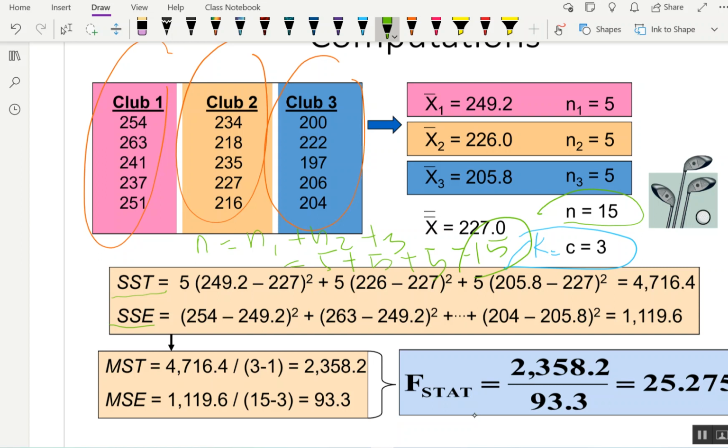You take each of these observations, 254 minus with what? Minus with the sample mean of treatment 1, club 1, 249.2, squared, plus this 263 minus 249.2, and up to 251, so you minus with 249.2.